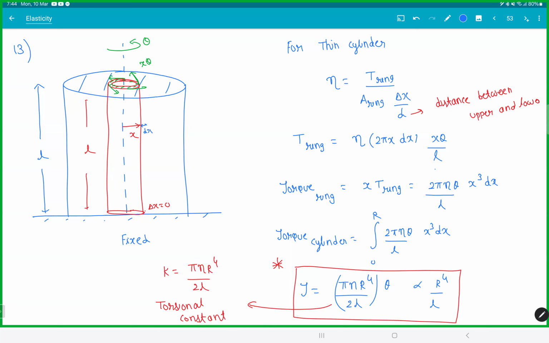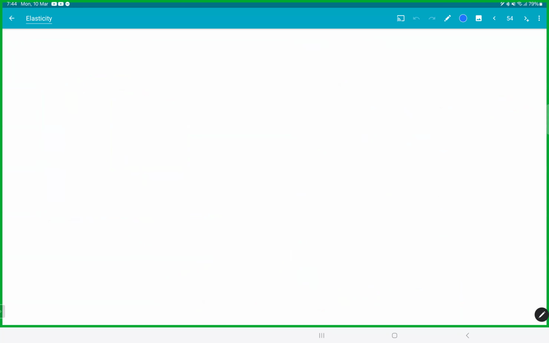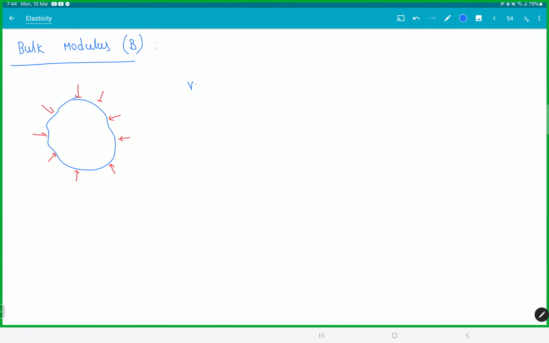That's about rigidity modulus. The third one and the last one is our bulk modulus. We really don't have too many questions on this. So bulk modulus B is based on volume stress. If you have a body here and you're trying to compress it from every direction, we define volume stress, which is the force perpendicular to the surface area, which is actually pressure.